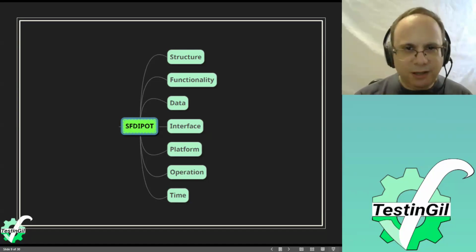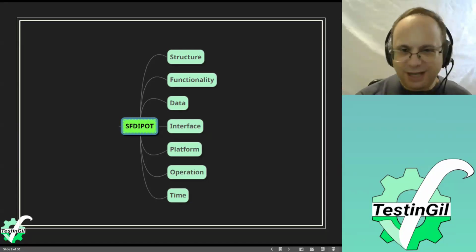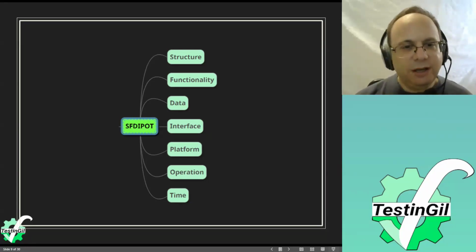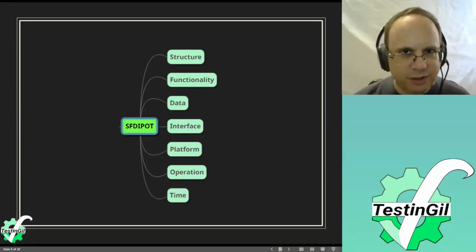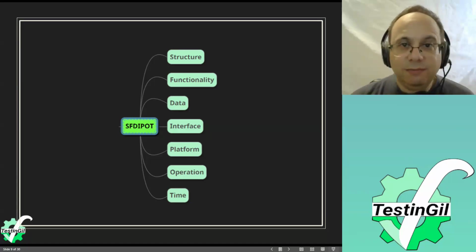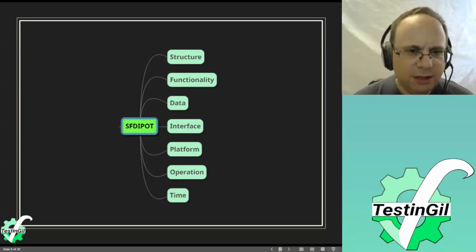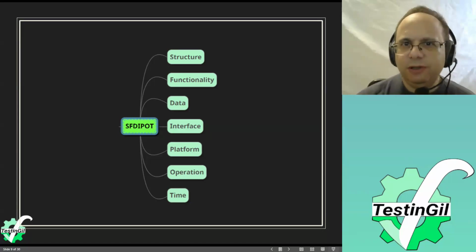So separating these things allows us to say, okay, now we're focusing on data. Of course, I'll show you an example of how you do this, and separating these things from one another allows us to think, well, now we're focusing on that. Interface is how we interact with the system, but not only that. Platform is the environment of where it's running.